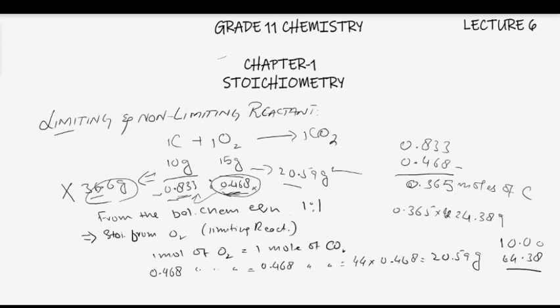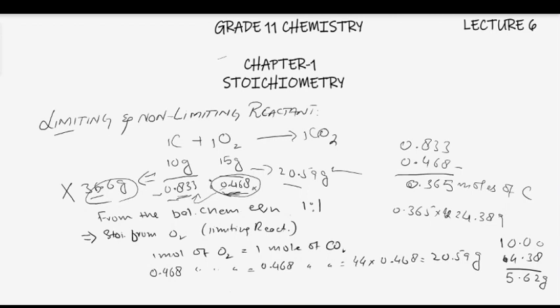So what has actually reacted with oxygen is equal to 5.62 grams of carbon. So 15 grams of oxygen reacts with 5.62 grams of carbon to produce 20.59 grams of carbon dioxide.